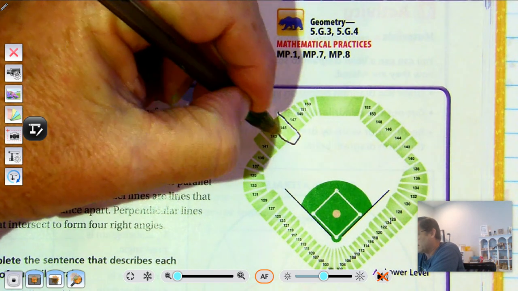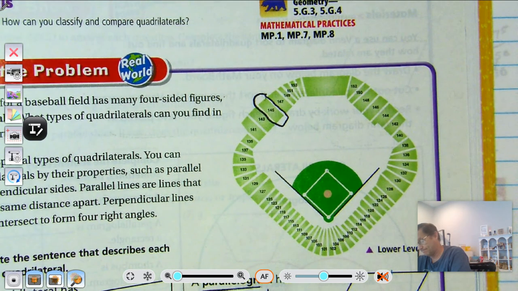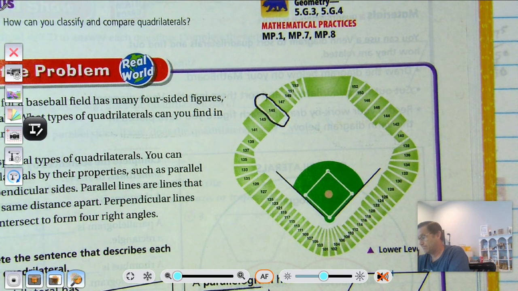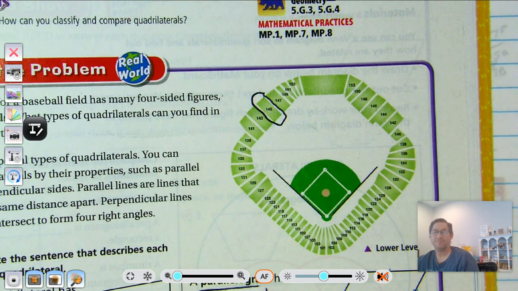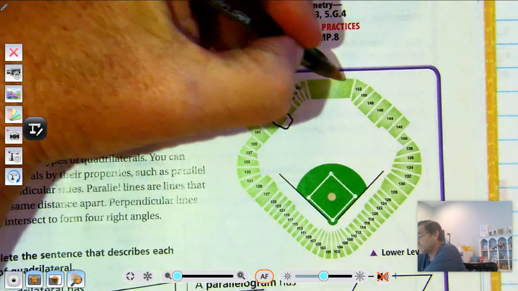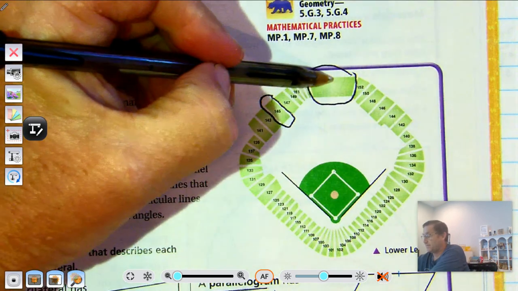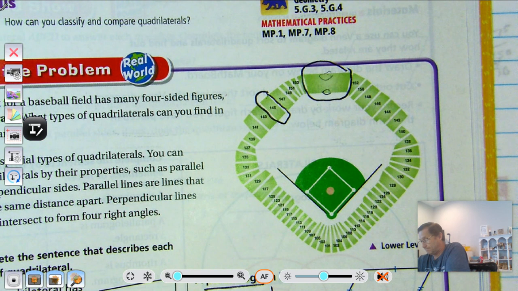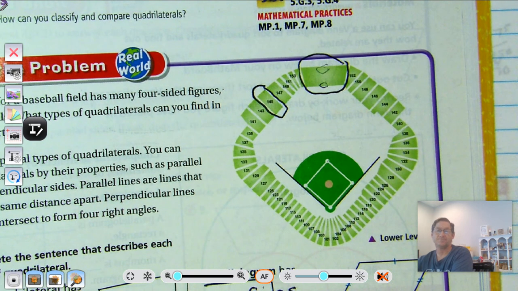Let's look at this section right here. Well, that's a parallelogram, right? It's a rectangle. Do we see any other shapes? Well, this middle section way out here is a trapezoid because this side and this side are parallel. Do we see any rhombuses?